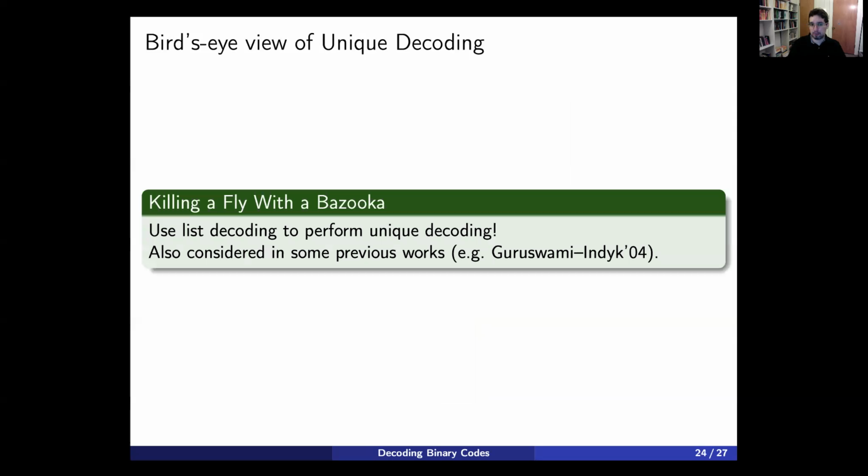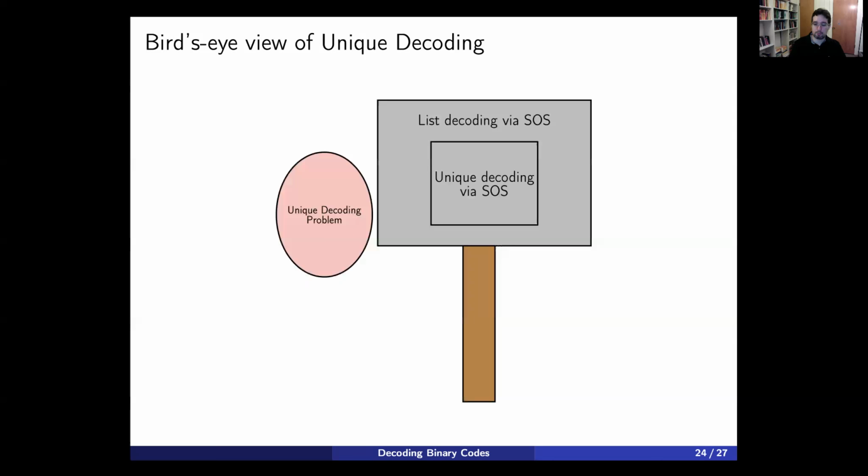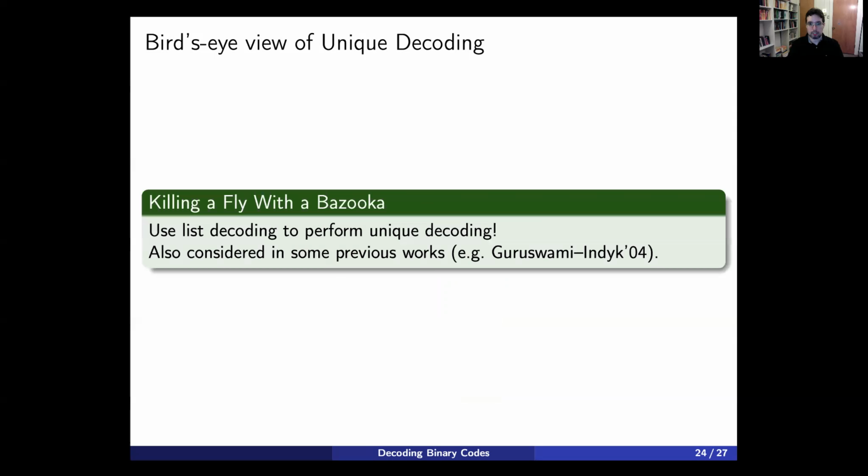And the observation is that you can do list decoding to perform unique decoding. This was considered in some previous works of Guruswami and Indyk. This is like killing a fly with a bazooka, but we are going to achieve better parameters by doing so.